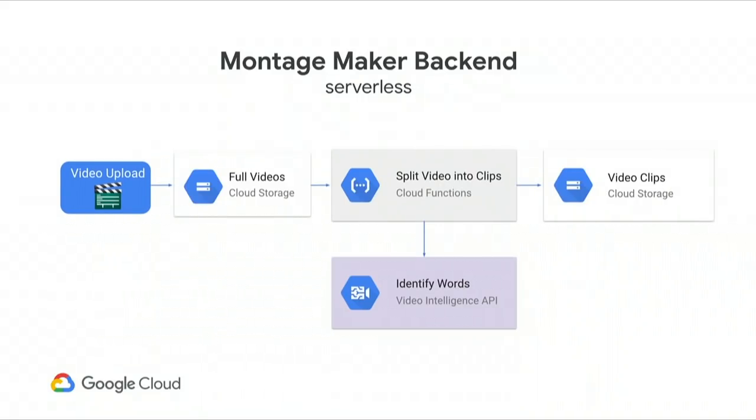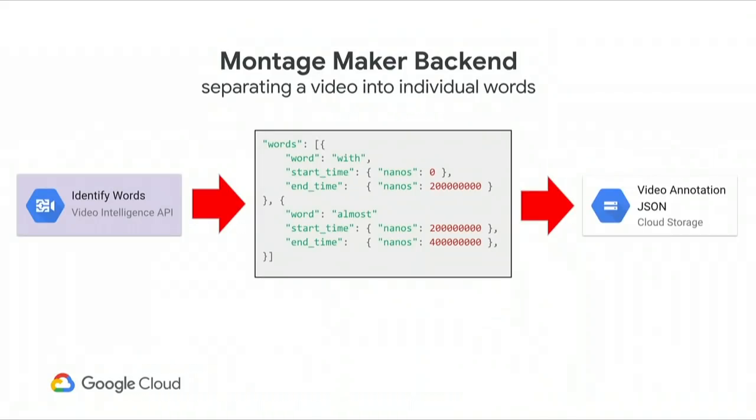But since we want to go serverless, for starters, we decided that we'd use a Cloud Storage bucket to initialize the cloud function. So when you drop a video into a bucket, it spins up our cloud function. But we can do one better because the Video Intelligence API can save the results of the start and end time of every word into a JSON file in Cloud Storage.